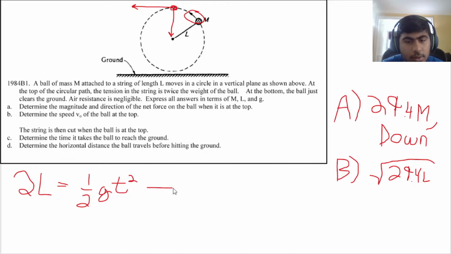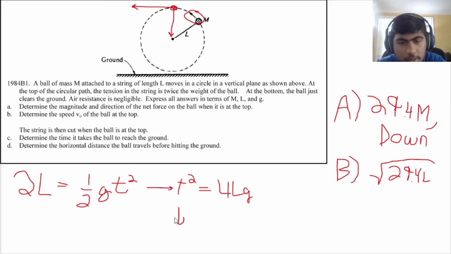So moving everything over to one side, and time alone on this side, we get time squared equals 4L over g, and time equals 2 times the square root of L over g. And that's part C.